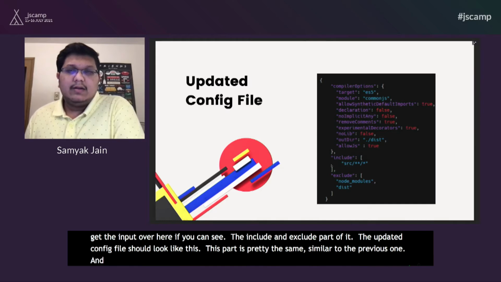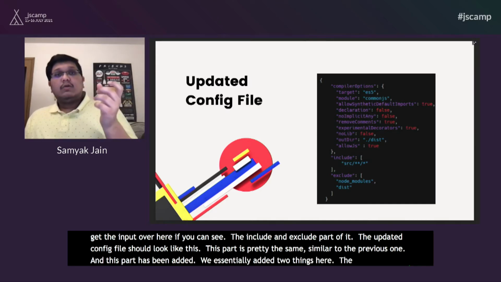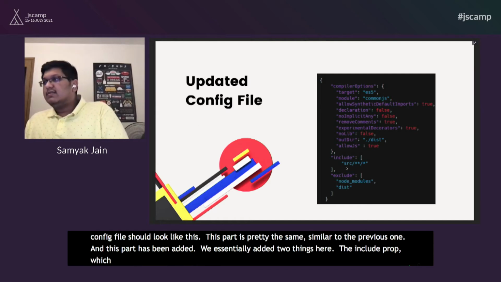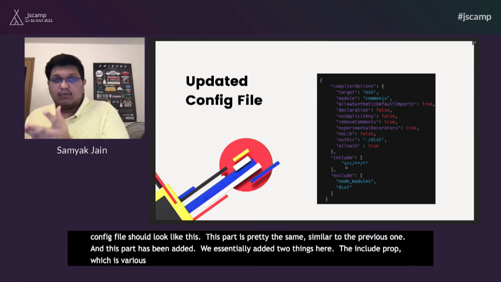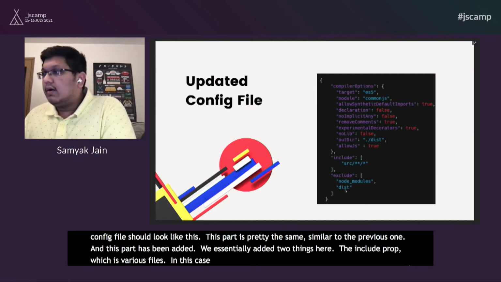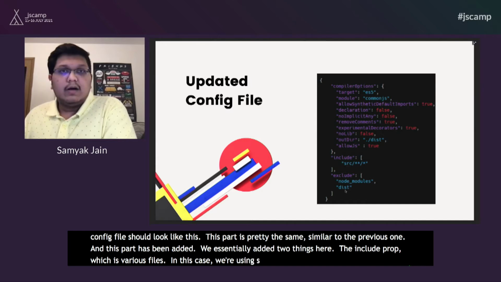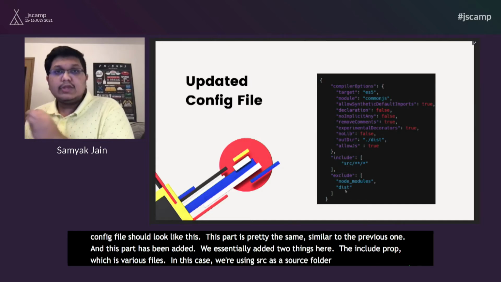We essentially added two things here. The include prop, which is where your source files are. In this case, we are using src as the source folder, and the dist folder is where you want your output files to be.